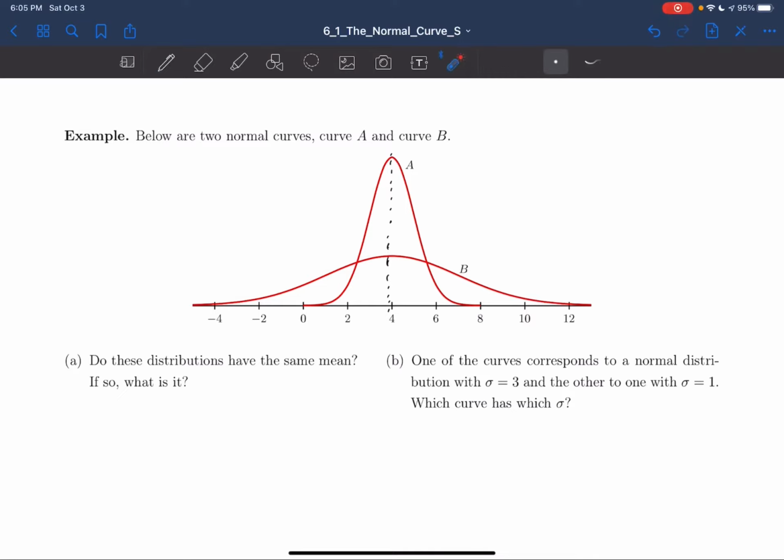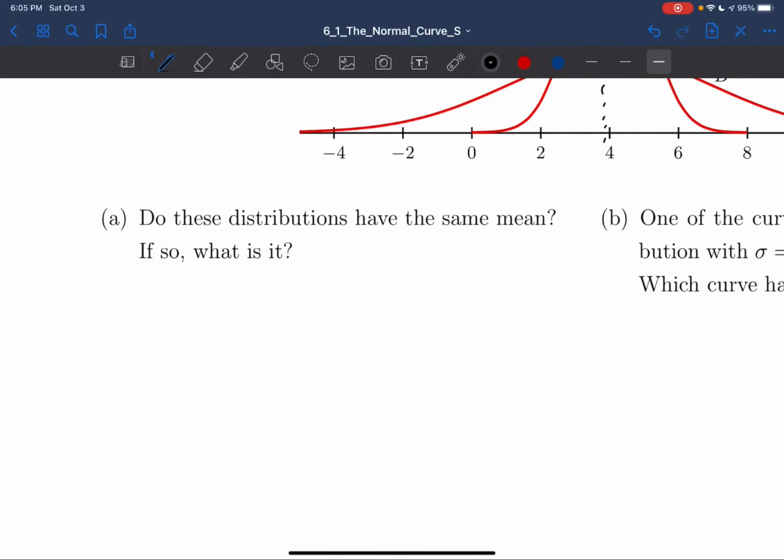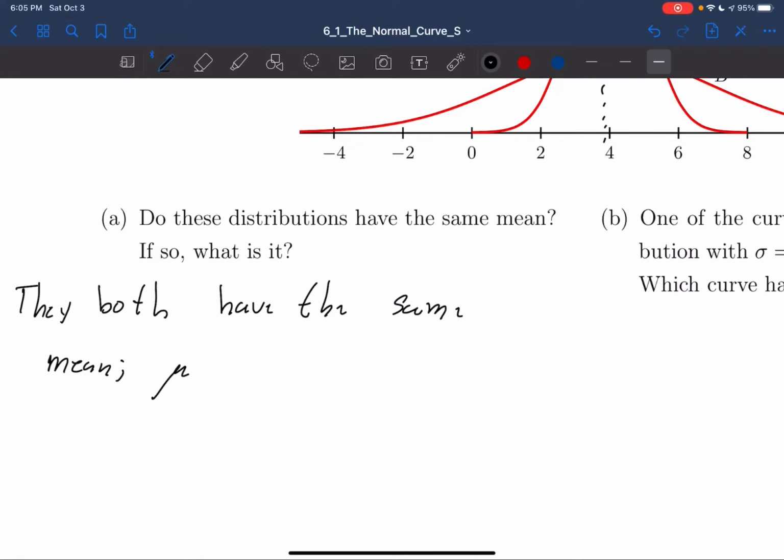So this tells us that the mean of curve A is 4 and the mean of curve B is also 4. They both have the same mean, which is mu equals 4.